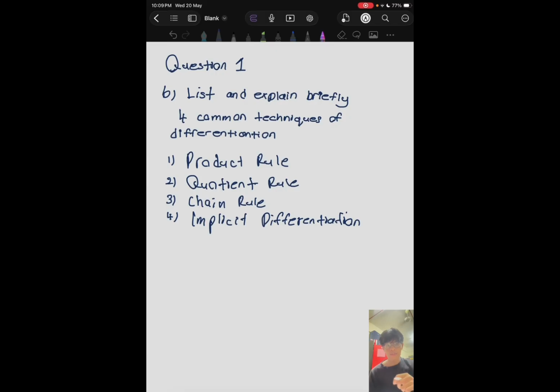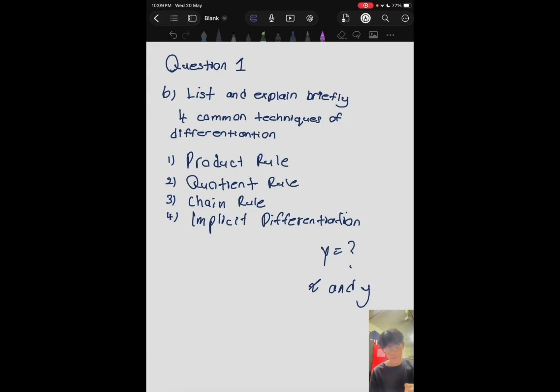We usually use this technique when a function is not written explicitly as y equals something, but x and y are completely tangled together on both sides of the equation.